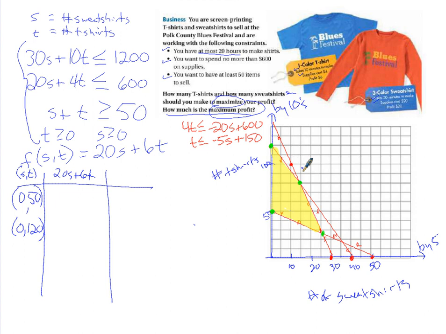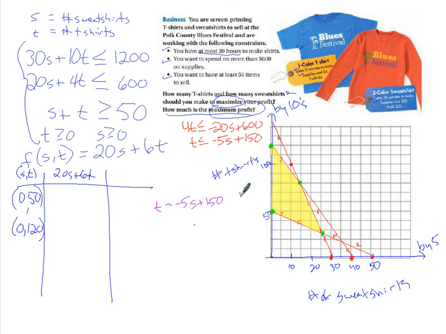Okay? So this one right here was my 150 one. That's this guy. So I'm going to use, actually let me use purple so we can tell the difference so I can erase later. I'm going to use T equals negative 5S plus 150. We're finding the intersection point. We don't need to worry about the inequality anymore. It turns into an equal sign while we do this.